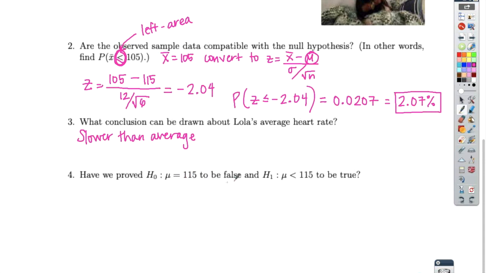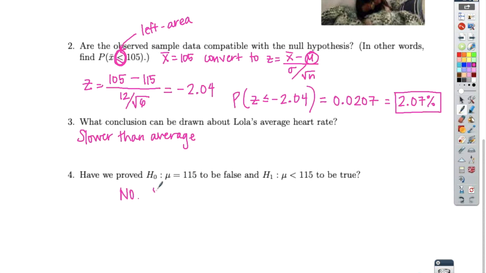Have we proven beyond a shadow of a doubt that her mean heart rate is for sure less than 115? And the answer is no. Remember, first of all, there's still a 2.07% chance that this could happen. So it's pretty low, and we'll actually talk on the next page about how low is too low. But no, we never prove the null hypothesis to be false.